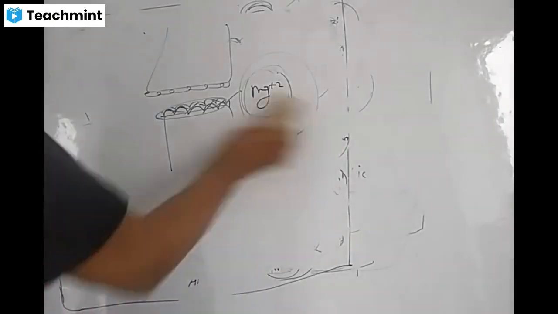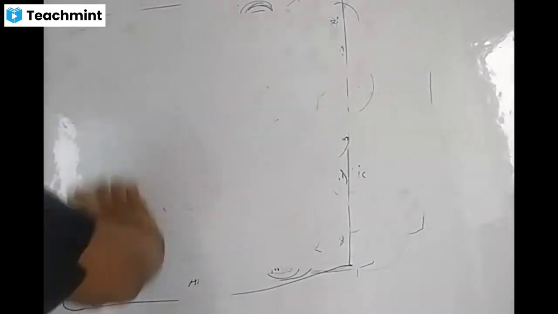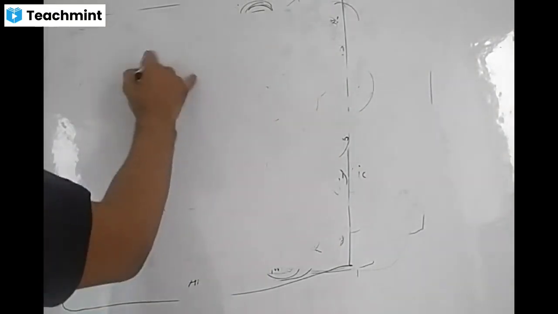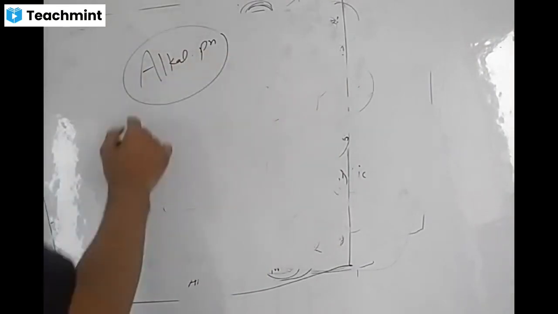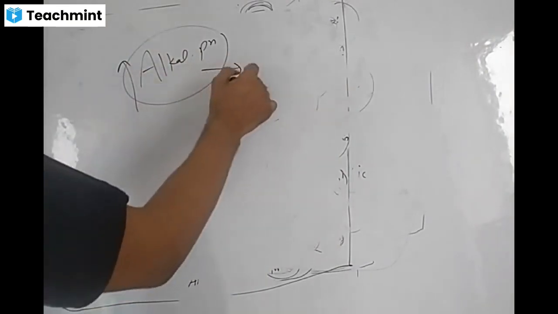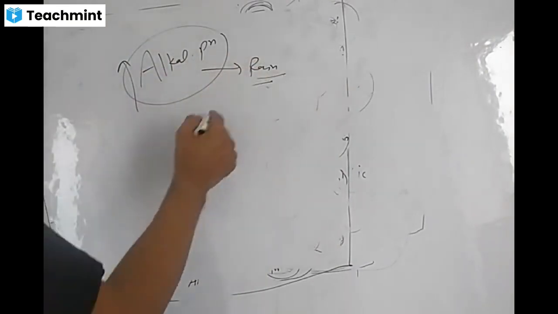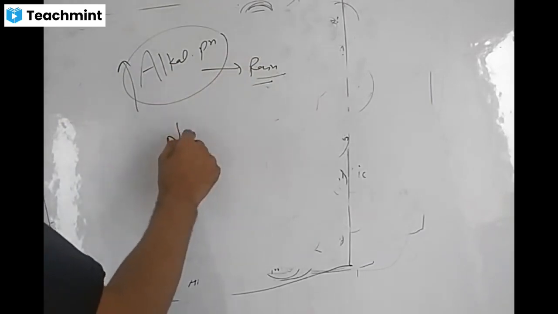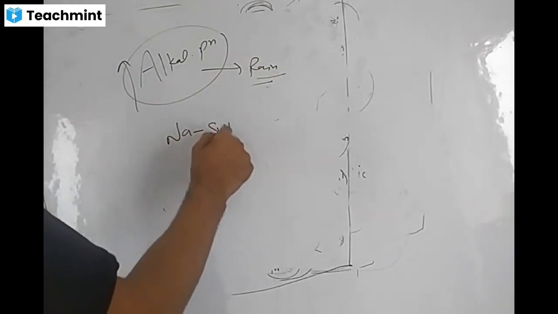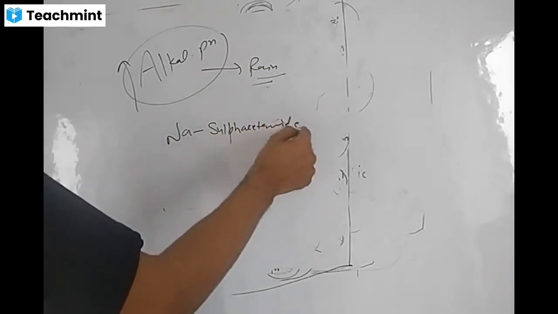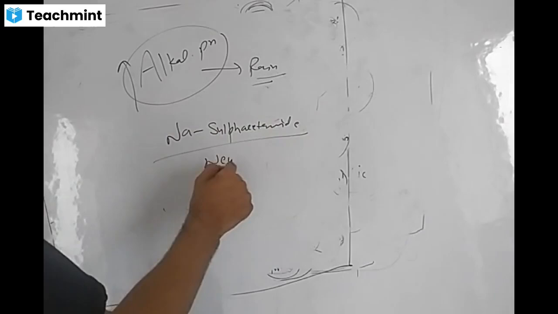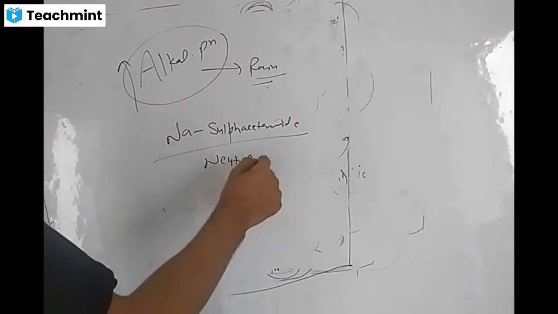So one more MCQ: mostly sulfonamides have alkaline pH, and high alkaline pH always causes pain on injection. But there is one, sodium sulfacetamide, the exception, which has neutral pH.